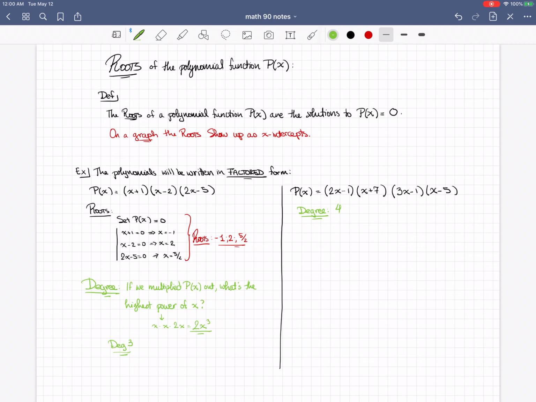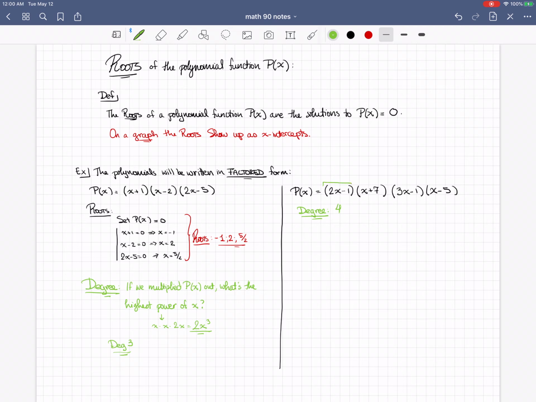Another way that you could think of this, which takes us back to properties of exponents, is that since we know that when we multiply powers, the exponents add, all you need to do to determine the degree of a polynomial written in factored form is look at the degree of the factors and add them all up.